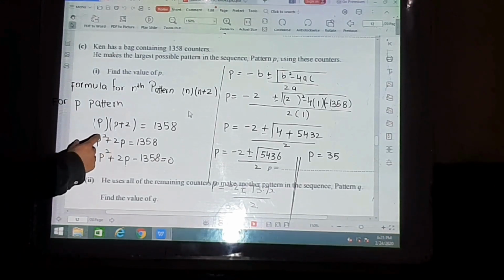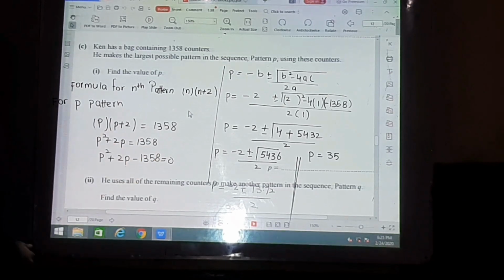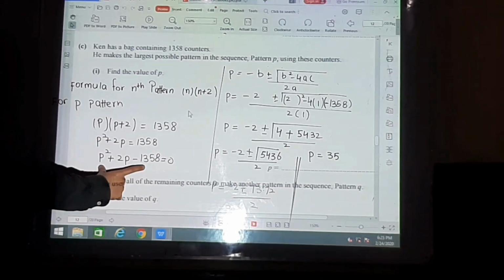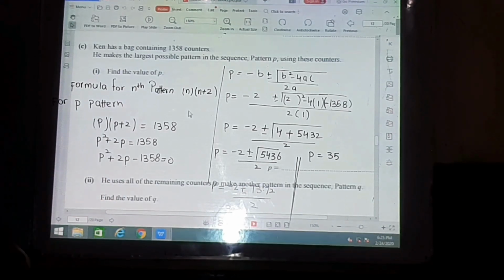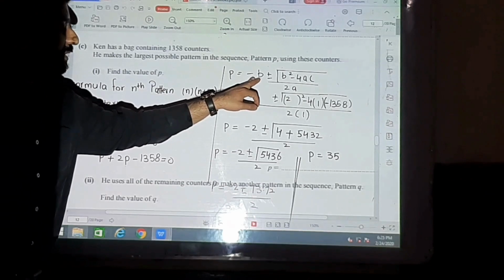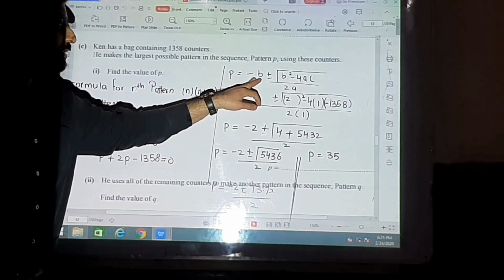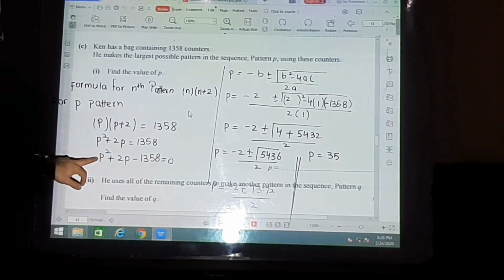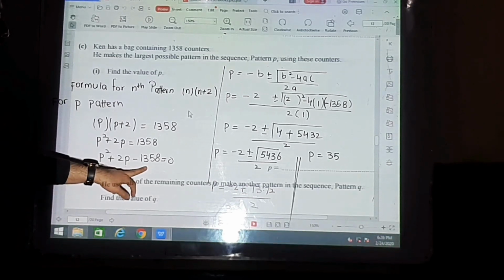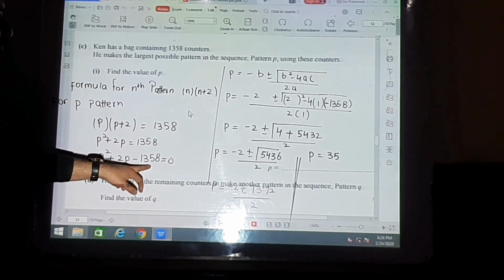Now solve it. P into P squared, P into 2 is 2P, and moving 1358 to the left side. Now this is a quadratic equation and you can find the value of P using the quadratic formula, minus b plus or minus the square root of b squared minus 4ac, divided by 2a, where a is the coefficient of P squared which is 1, b is the coefficient of P which is 2, and c is the constant minus 1358.